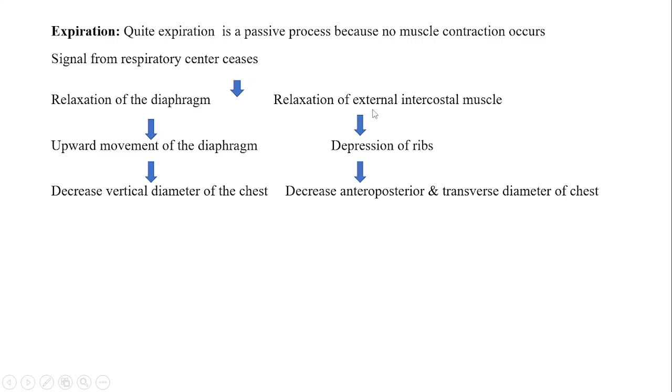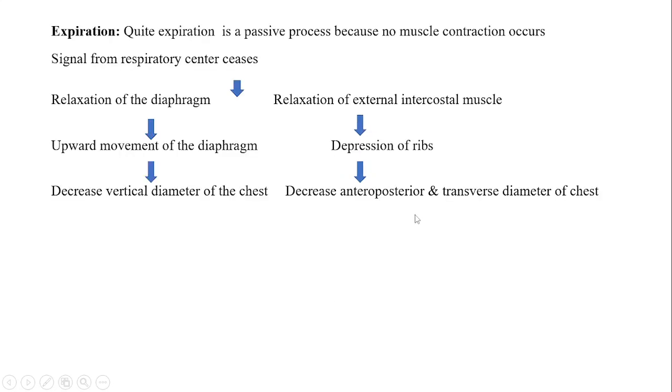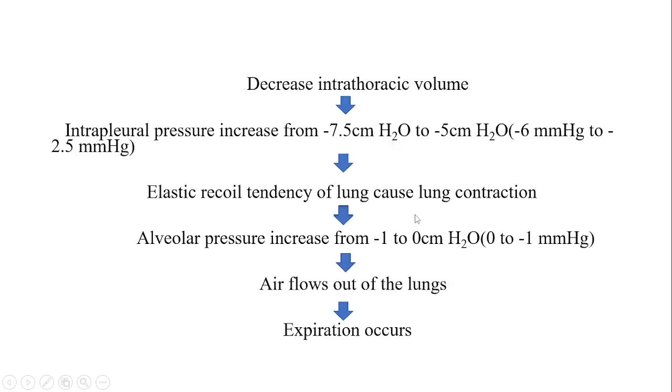There will also be relaxation of the external intercostal muscle, so it pulls back the ribs, or decreases the anteroposterior diameter of the chest cavity, and that will compress the alveoli, and because of their elastic recoil tendency they will again go back to their natural position, and the alveolar pressure will again increase, and that's how the air flows out from the lungs.